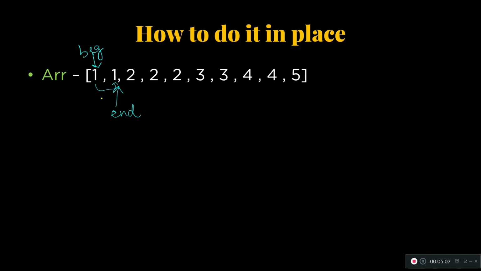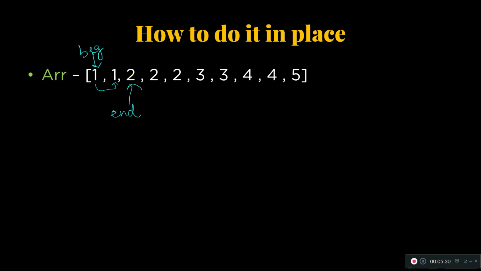Now, as long as the element pointed by the end is equal to the element pointed by beginning, we will keep moving the end pointer forward until we get a non-similar element.